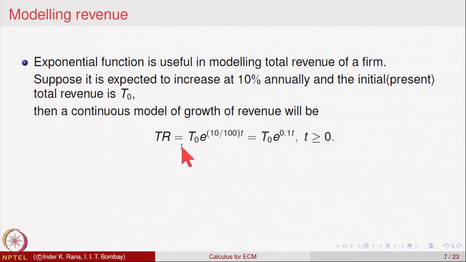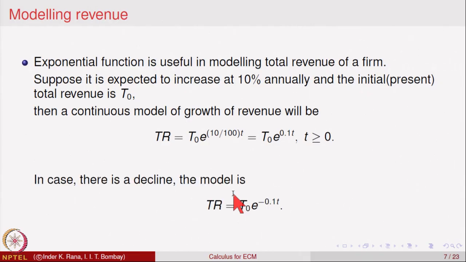So, then what is the growth model? Total revenue will be T 0 e raised to power 10%, that is 10 by 100, into t. So, that is the growth model for the revenue of a company. It is growing at the rate of 10%.